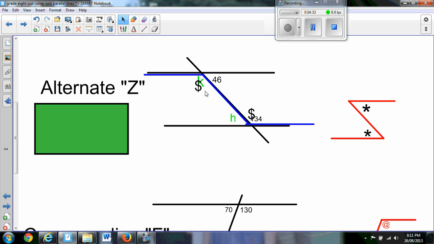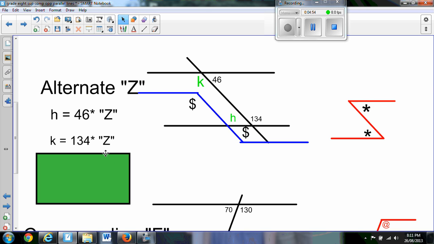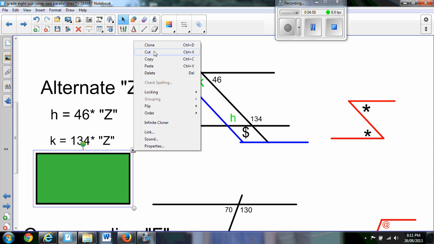And it's going to tell you that this angle right here, the money sign, and this angle are the same. Now, once we have that blue on our diagram, we can take a look at it. Okay, that one and that one are going to be the same, so K is going to be equal to 134. Of course, I did the other one first, but there's K equals 134 because of Z pattern.